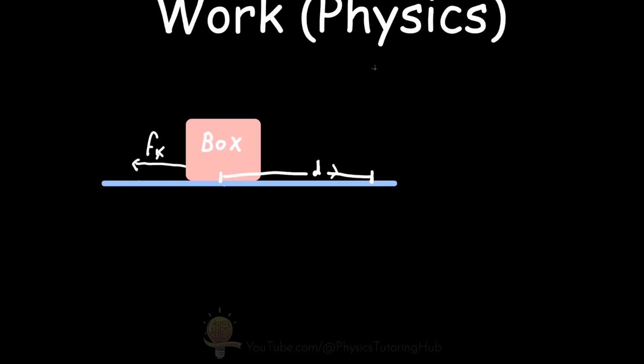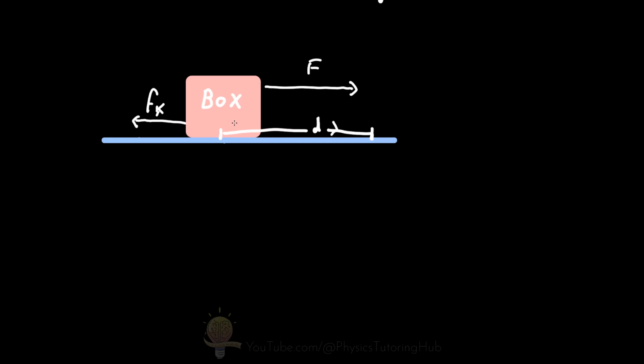So let's go back to our original example where we have two forces acting on our system. So we're pulling our box along, but the force of kinetic friction is also acting to slow down our box at the same time. So in this situation, we have to find the net force acting on this box. So we've got the force pulling the box forward, minus the force of kinetic friction.